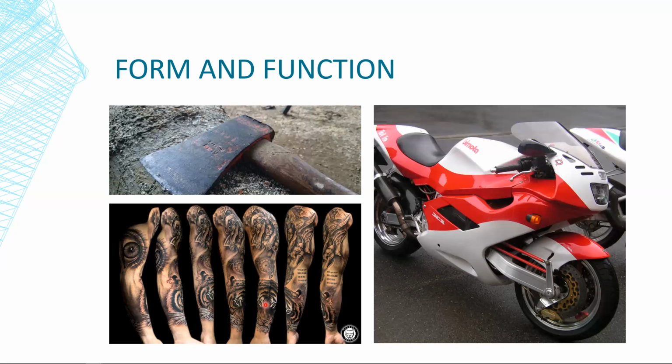You walk into an art gallery, take a look at a painting. Sometimes you have to look at it a number of times before you actually grasp the complex symbolism that it conveys.